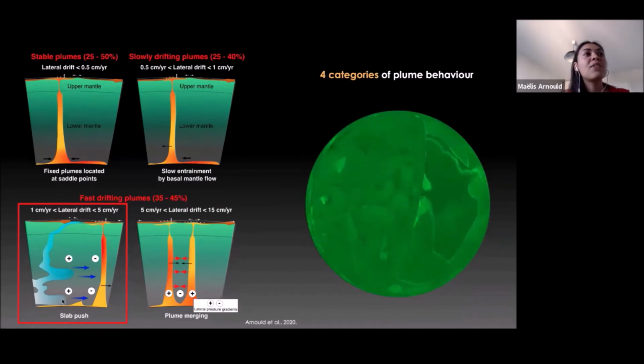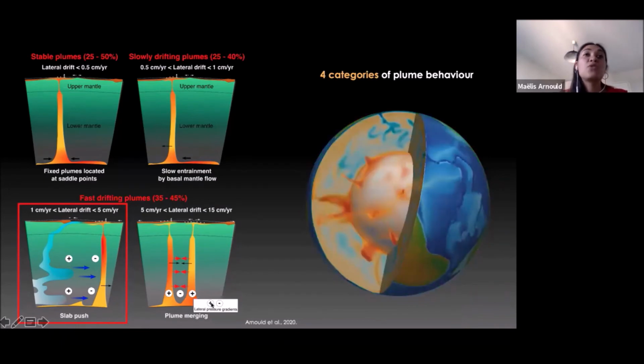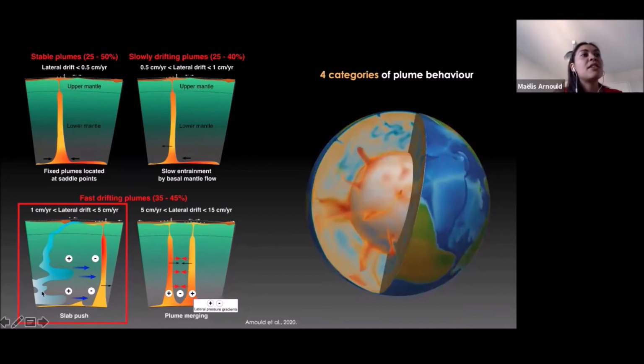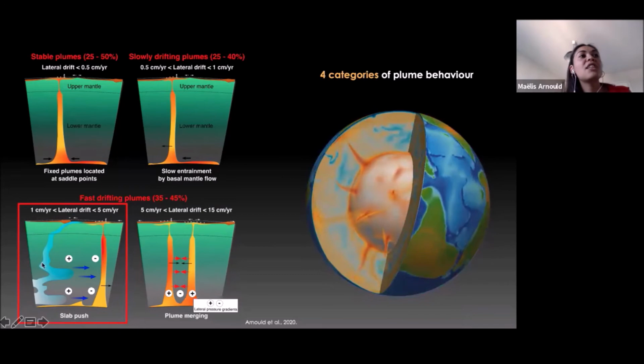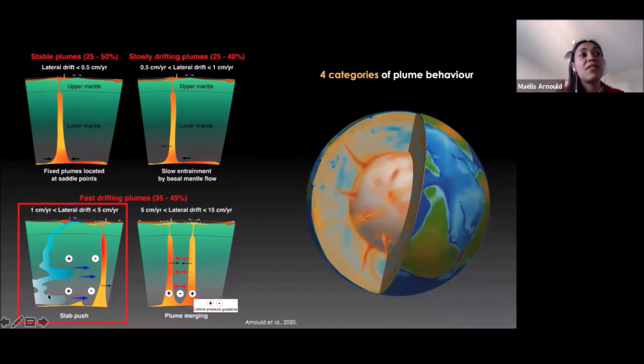And we also have a minority of plumes that are drifting faster. And those belong to 2 categories. There's one category which is intermediate speed. And these mantle plume velocities that range from 1 to 5 centimeters per year are linked with the fact that they are pushed by or interacting with slabs in the lowermost mantle.